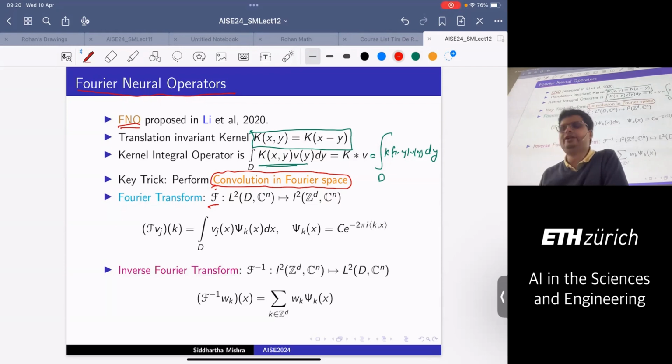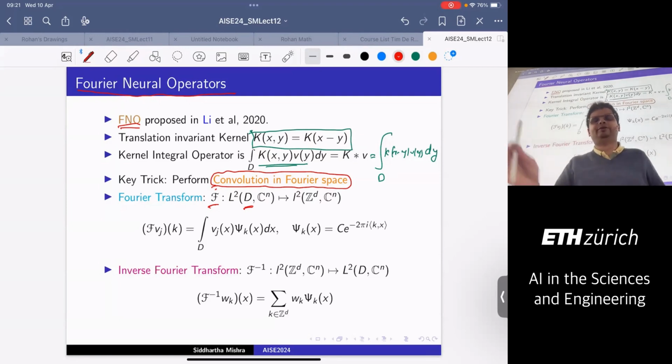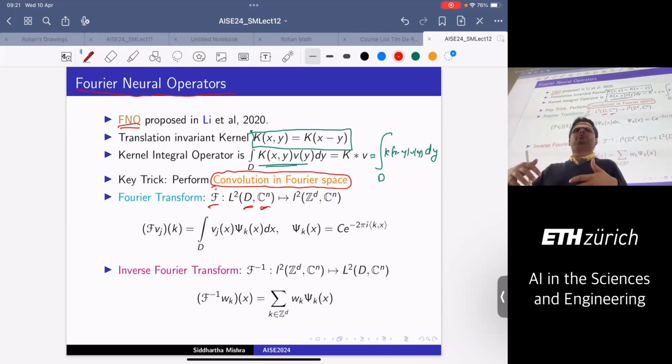Now I have given it in some generality, because my point is that these functions are defined on a domain D. And Fourier coefficients are complex valued. So in generality, we have taken complex valued functions here, but the imaginary parts could easily be zero.